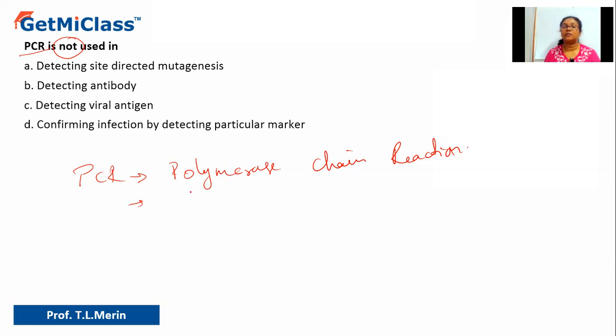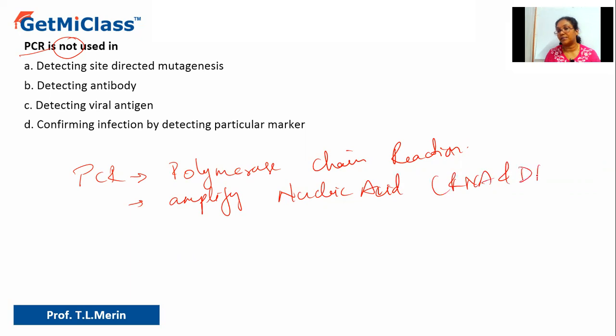Because here a series of reactions will occur so as to amplify a particular nucleic acid. When we say nucleic acid, we are talking about RNA and DNA. So PCR can amplify only RNA and DNA. Further, based on that, detection can be done.